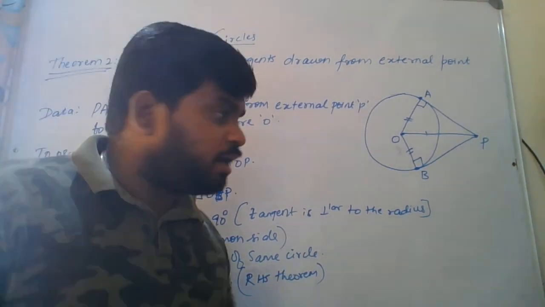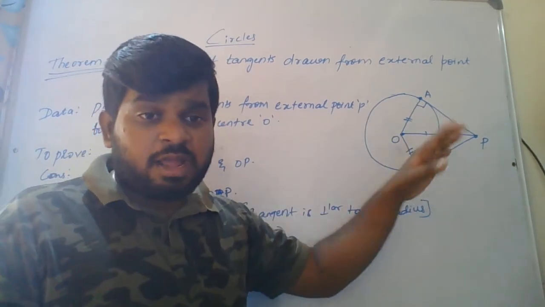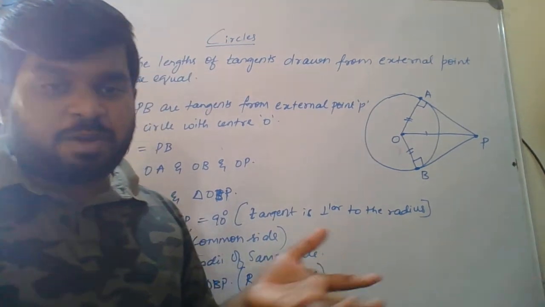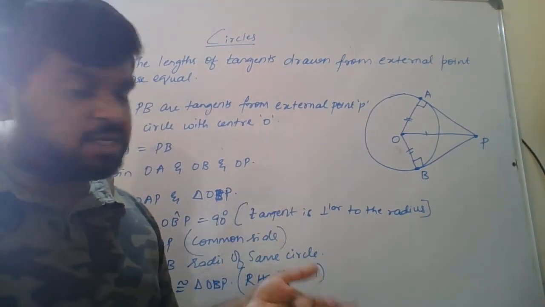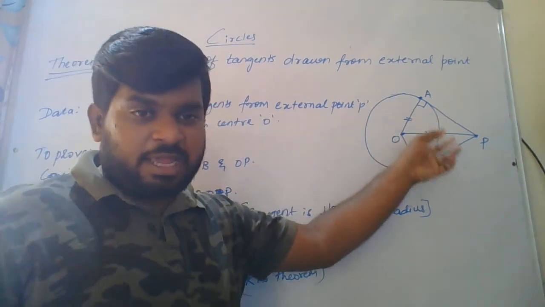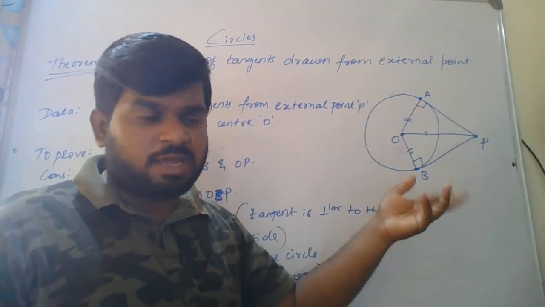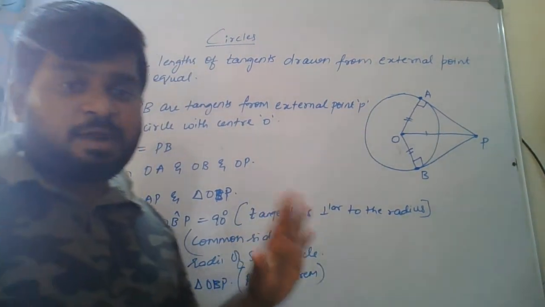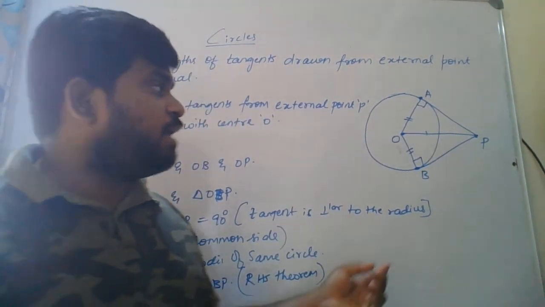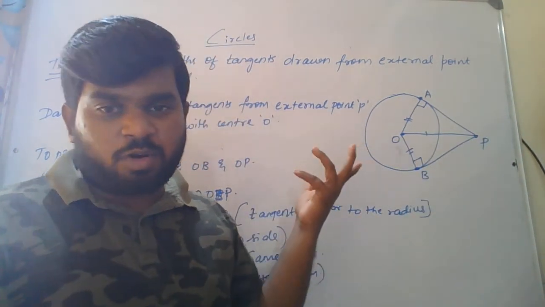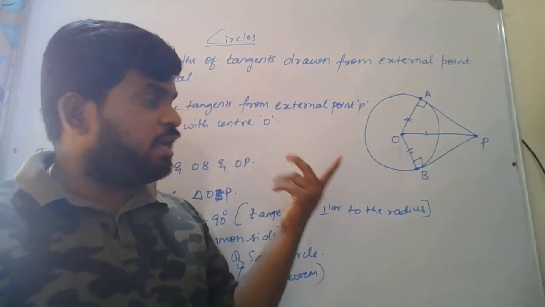If these two triangles are congruent, the remaining parts, that is the corresponding parts of congruent triangles, CPCT. What do I mean by that? It's very simple. Congruent means equal. We have just proved these two triangles are congruent, so they're identical. Earlier we didn't know whether PA and PB are equal or not.